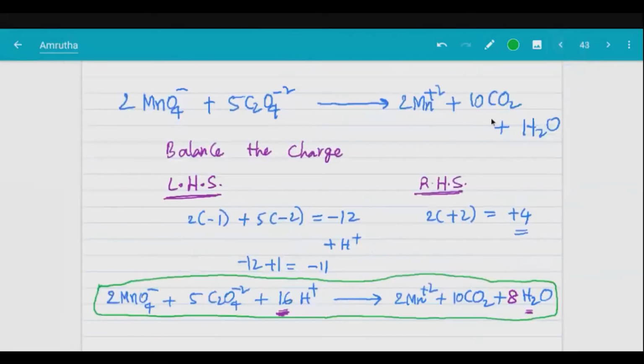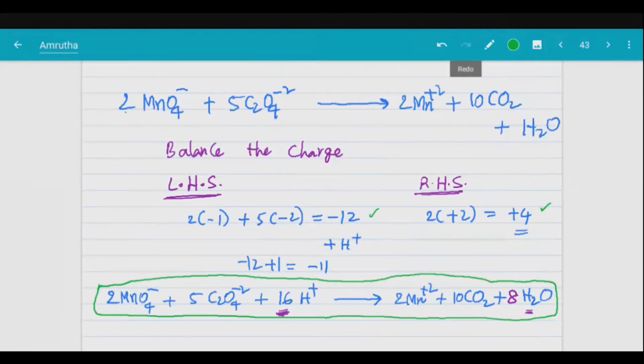After that, what did I do? Balancing charge. I balanced charge by using what? First I calculated charge on the left side and right side. Left side is -12, right side is +4. So we can balance this charge by using H plus. Do we use H plus always? This we can do in acidic medium only.